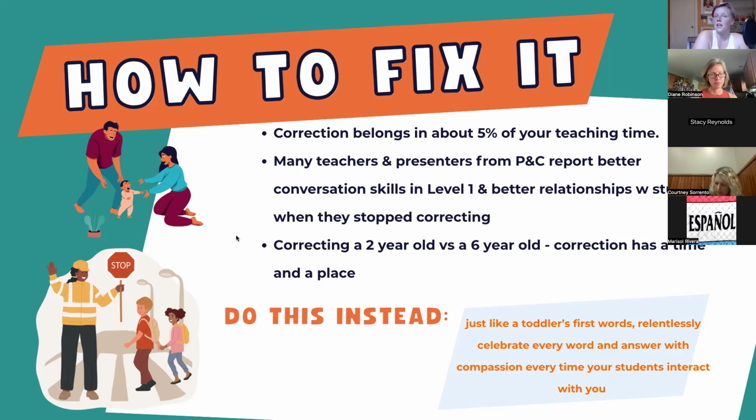The conversation skills of level one students in particular really improve. And you have better relationships with students. So, aren't those all the things that you're going for? Conversation skills, interaction skills, more language use, and better relationships just by removing one simple thing? That's a pretty big win.